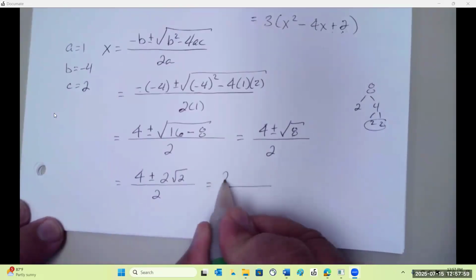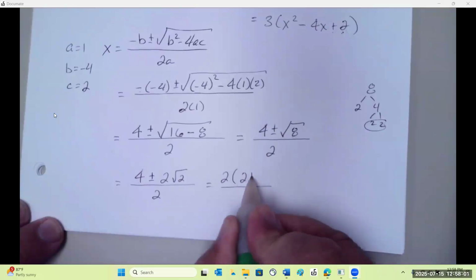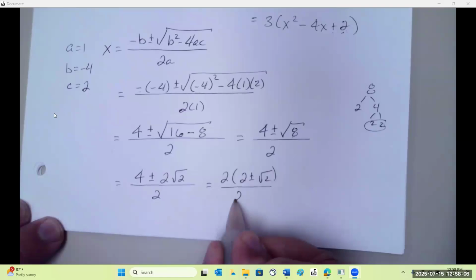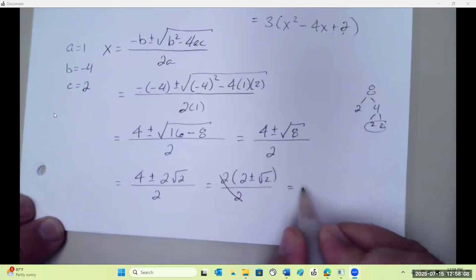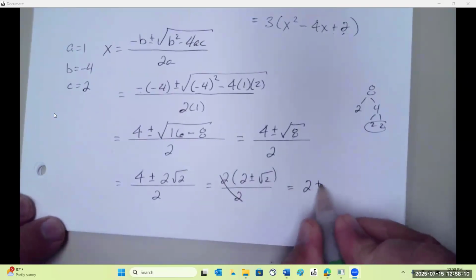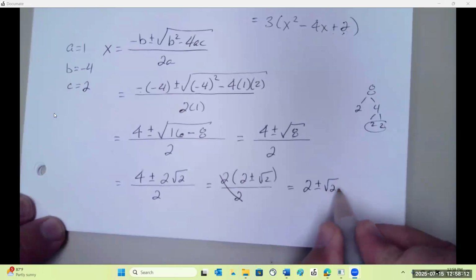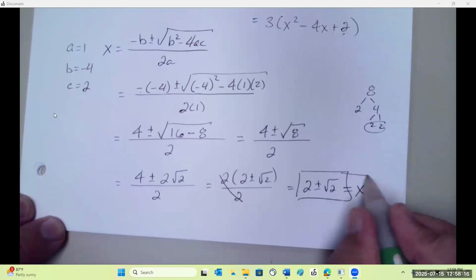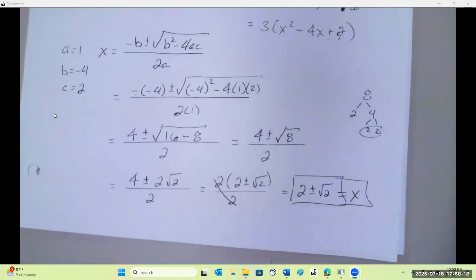On the top, we can factor out a 2. And the 2's cancel. So my possible x values are 2 plus radical 2 and 2 minus radical 2.